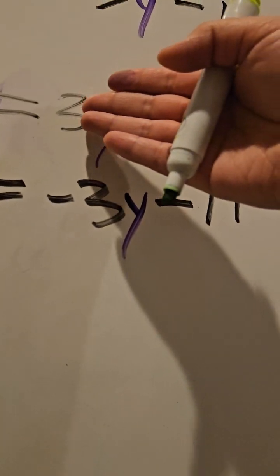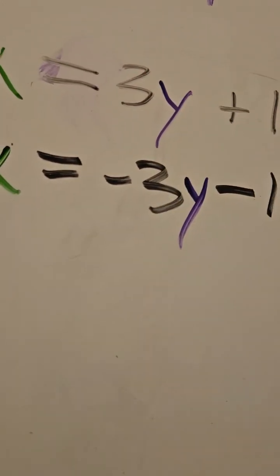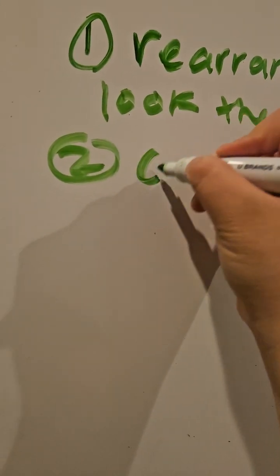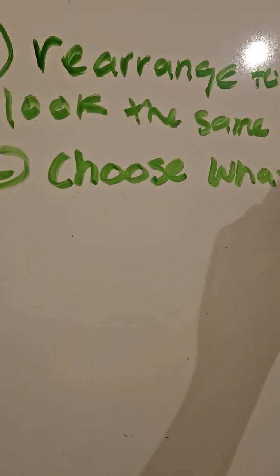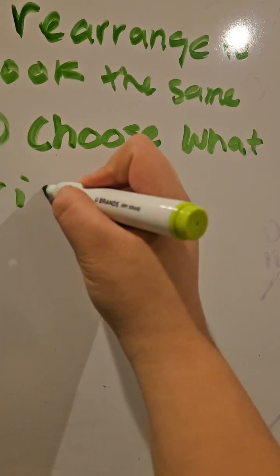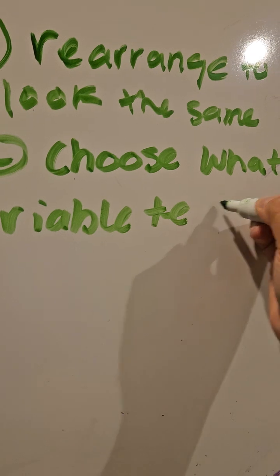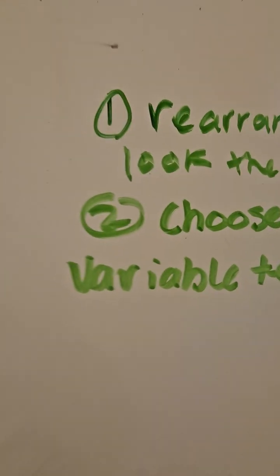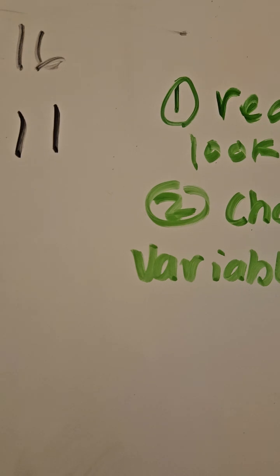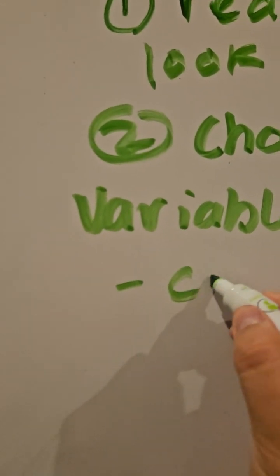But oh look, the coefficients for the y's are both 3, so we said, okay, we're going to choose to eliminate y because they already have the same coefficients. So choose what variable to eliminate. Eliminate based on coefficients. So look at the coefficient.